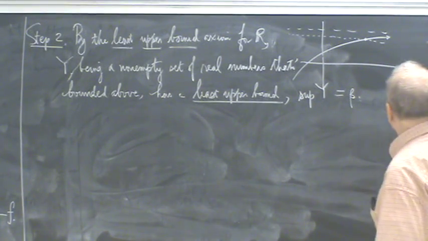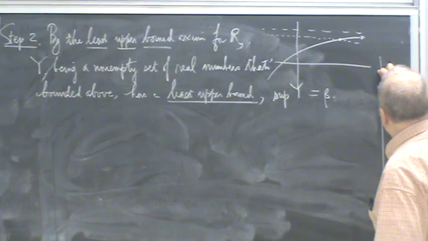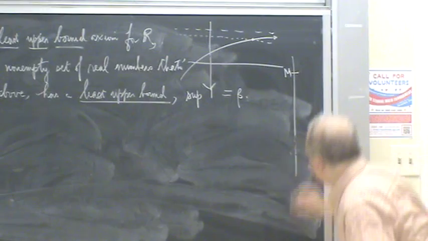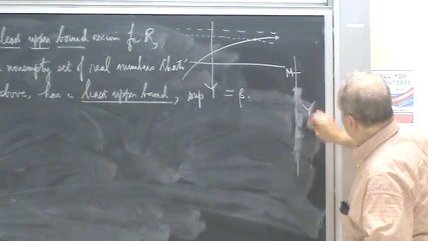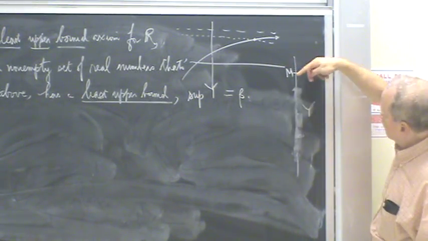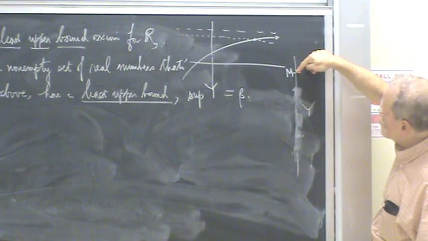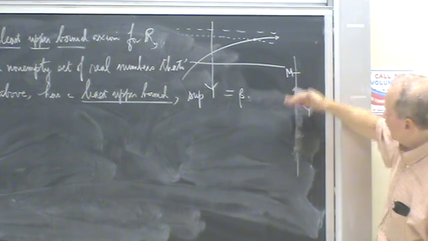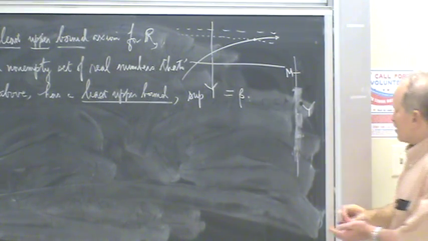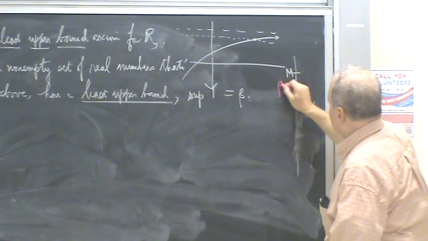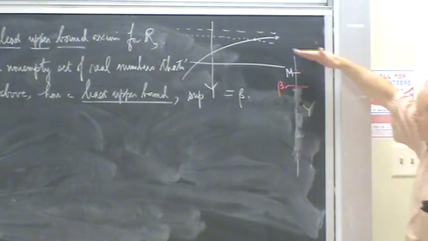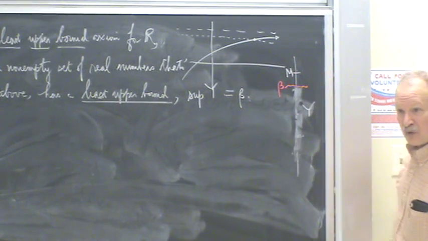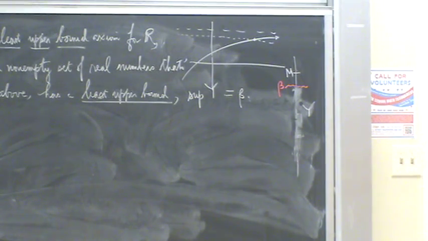So remember, what you can think about here is you have at least one upper bound for the set of y's, wherever they are. And you can imagine a little beam here on this stalk, and you can imagine gravity pulling it down until it can't pull it down any further because the set stops it. That's going to be where the least upper bound occurs. So you move the upper bound down until you can move it down no further without crossing into y.